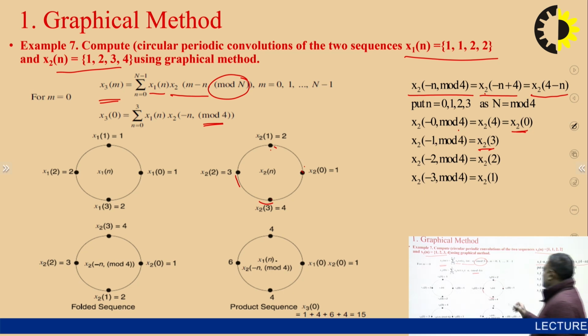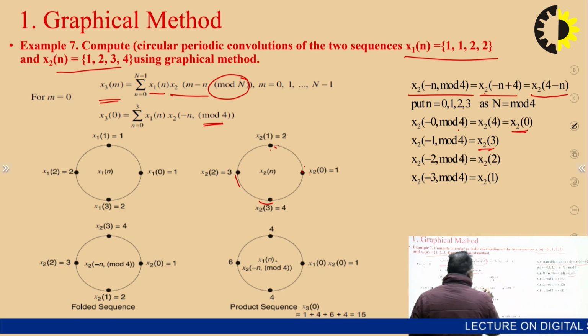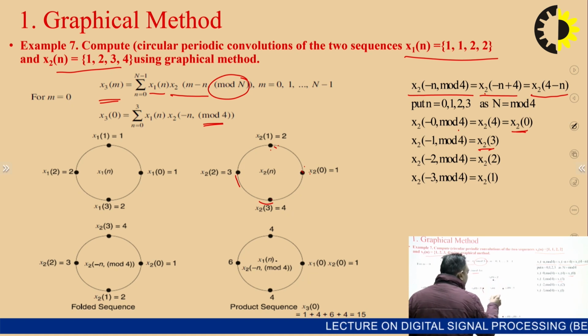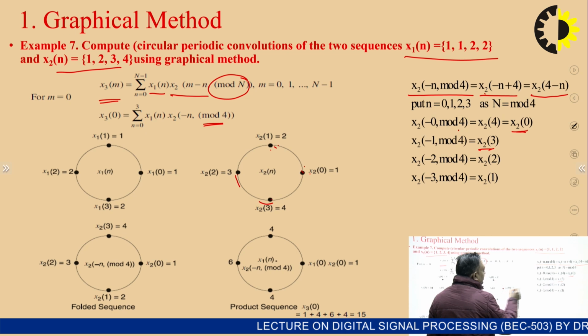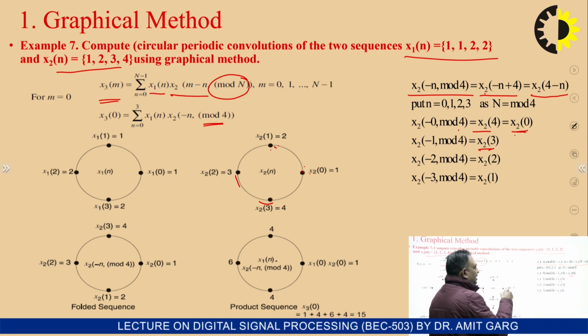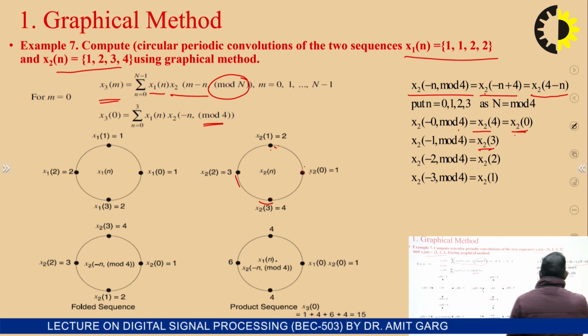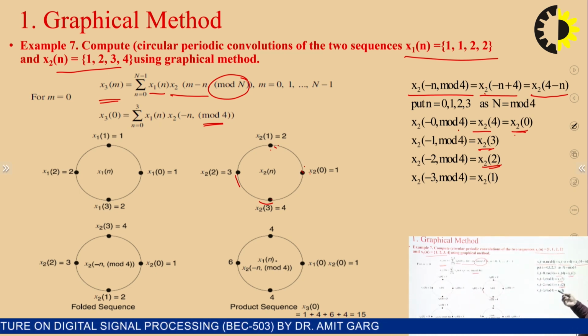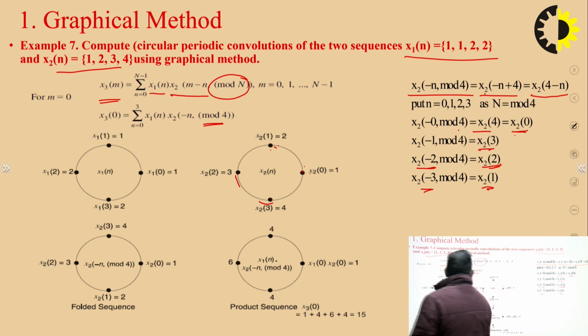Here you can see x2(0), x2(1), x2(2), x2(3), x2(4), so x2(4) is nothing but x2(0). We are finding this relationship through the mod. x2(minus 2 mod 4) means x2(2), and x2(minus 3) will become x2(1). So these values are required.